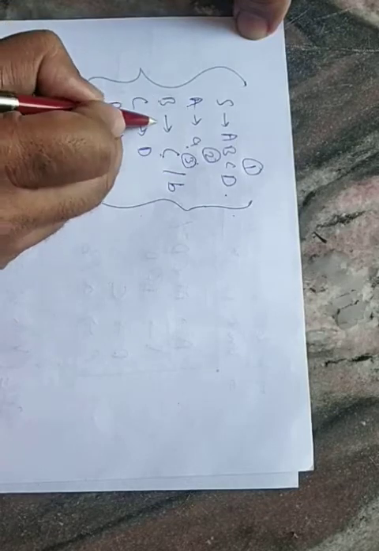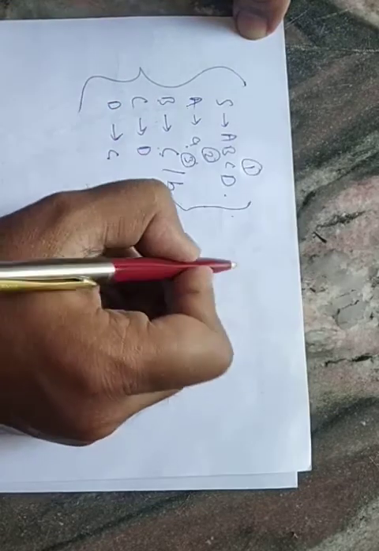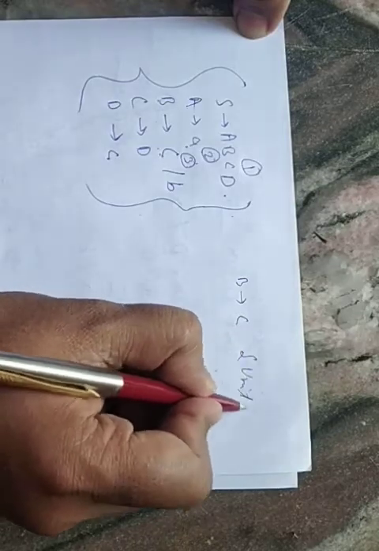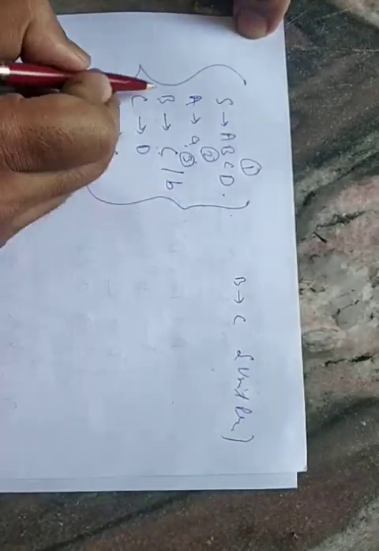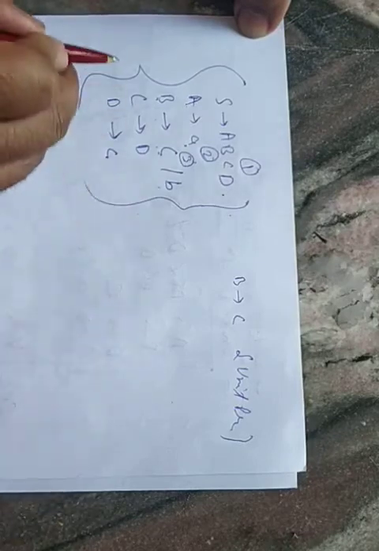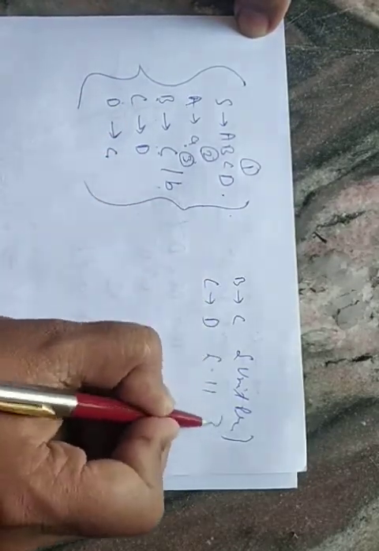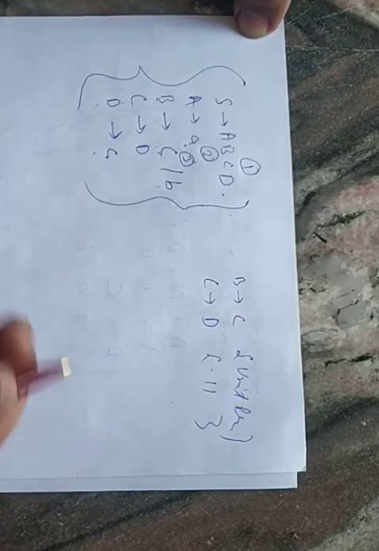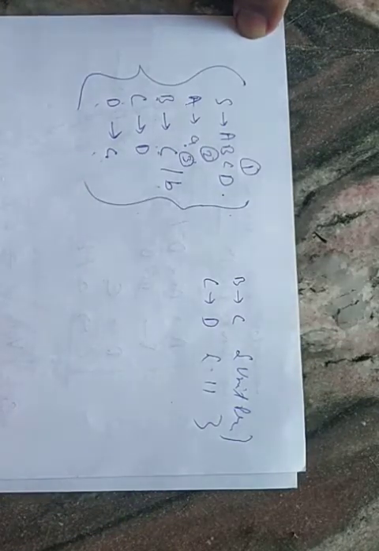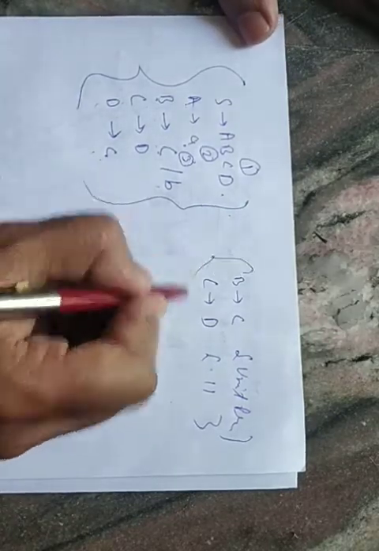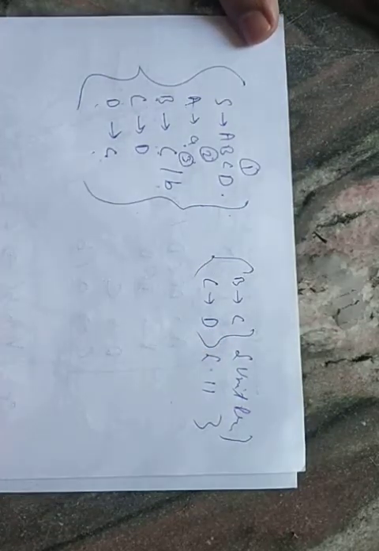Rule number 3, B produces capital C. Yes, B produces capital C is a unit production. B produces small b, no problem. C produces D. Once again, a unit production. D produces small c, no problem. It's not a unit production, the reason is small c. So I got two rules which are unit productions.